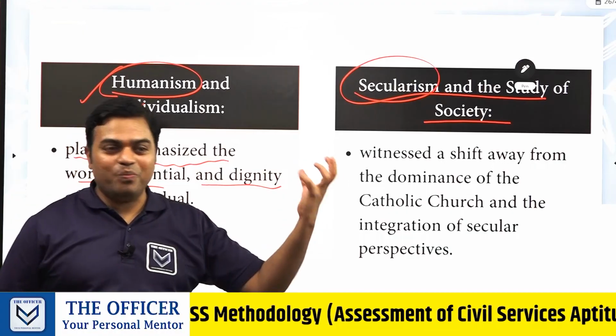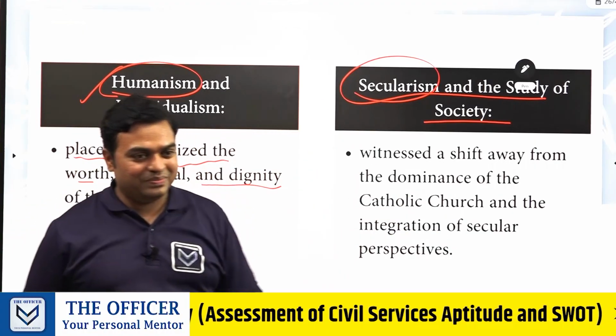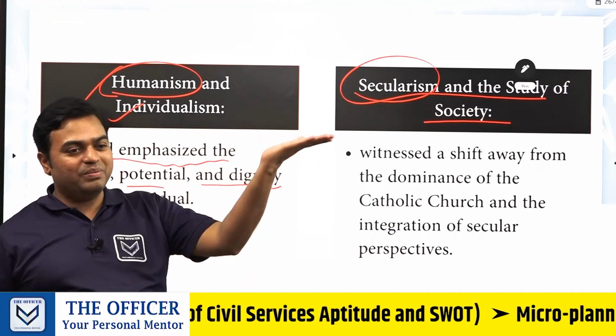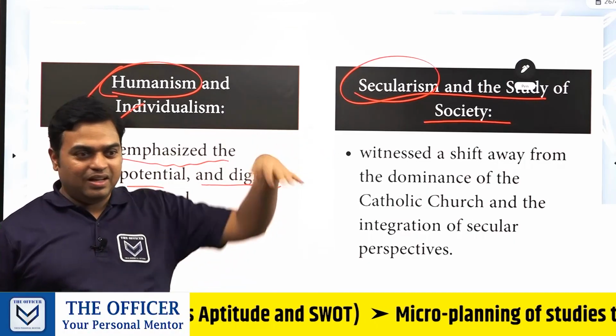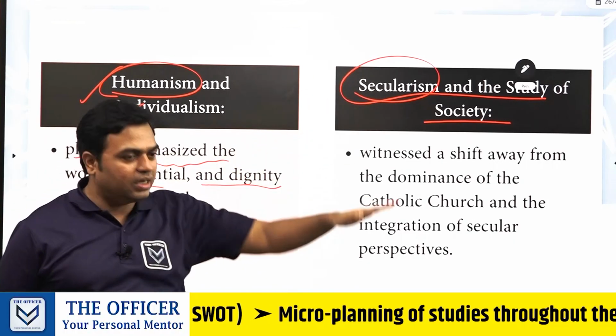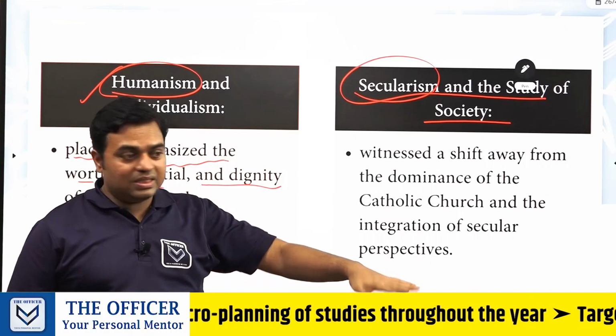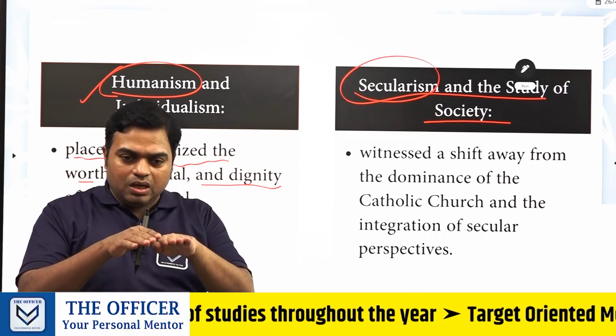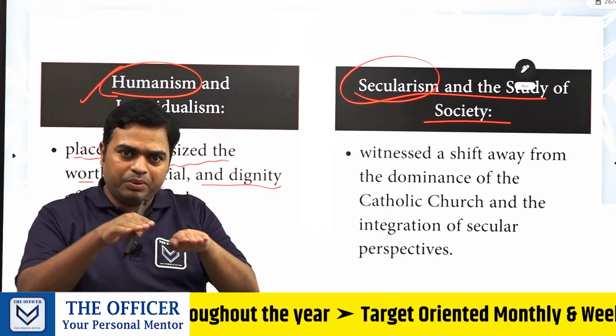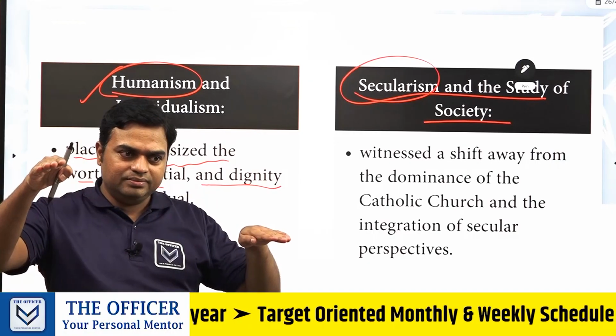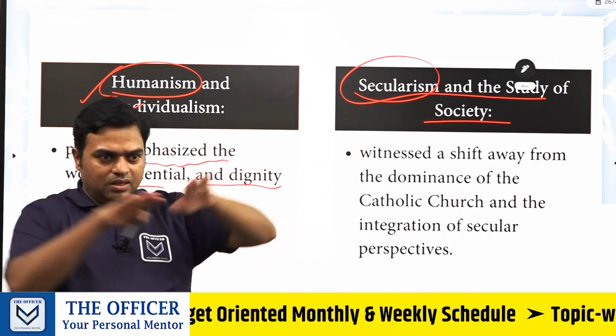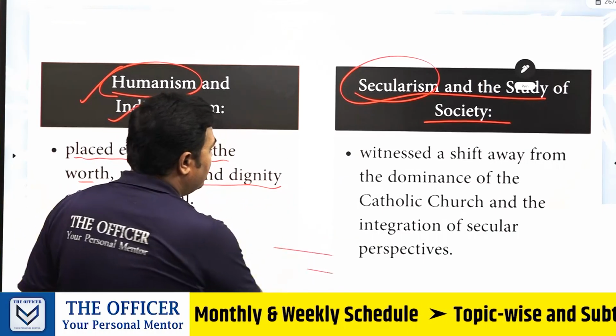Previously, the Pope used to dominate over the king also. But here, the king started to become important, and the importance of the church started to reduce. This directly led to a slow and gradual process of separation of church and king. That is secularism: separation of church and king.